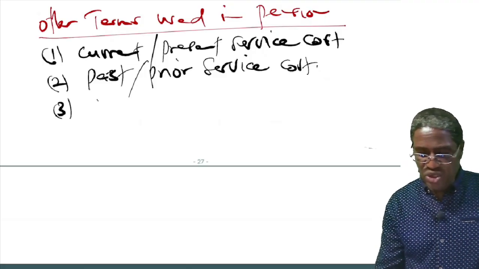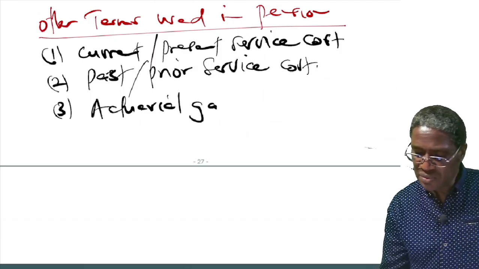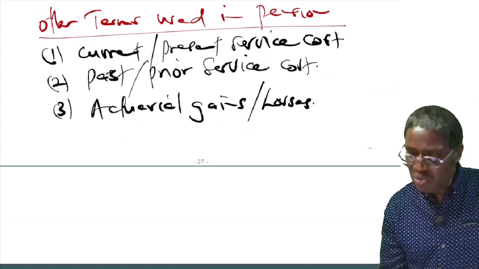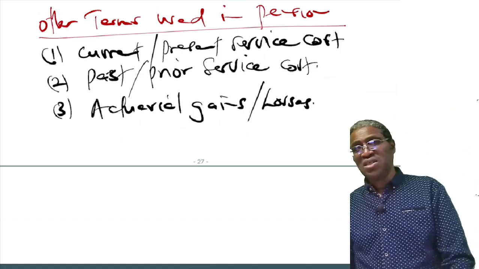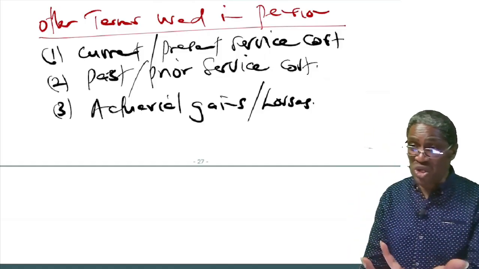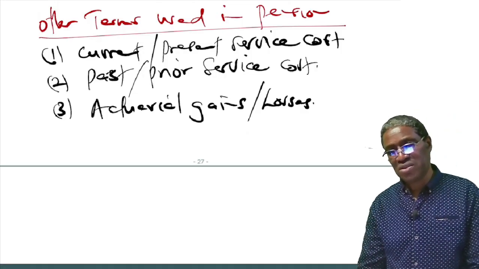The other term you need to know is what we call actuarial gains or losses. This is a term we shall be using again and again when we are doing computations. You will be required to compute what we call actuarial gains and actuarial loss in the fund. Okay.